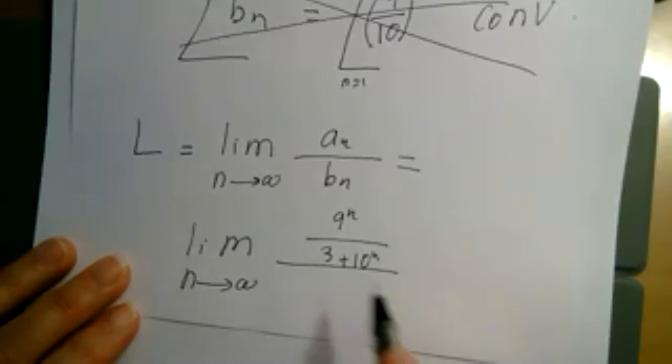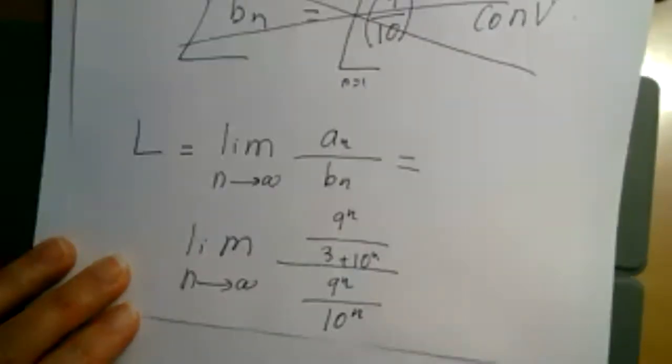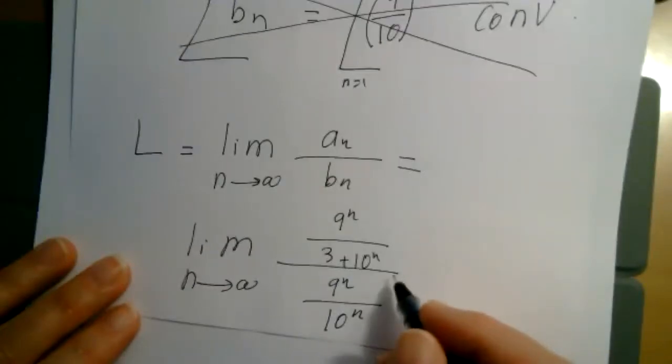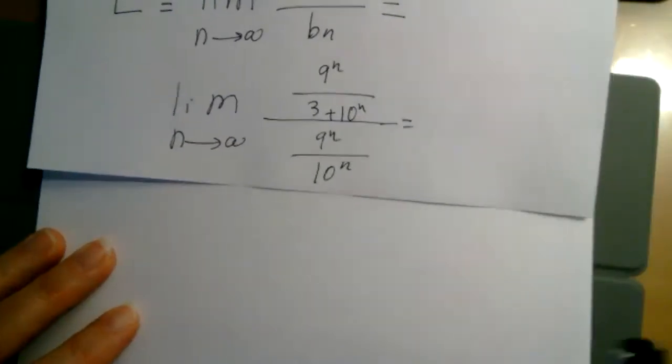What's my Bn? My Bn is 9^n over 10^n. I want to compute this limit and make sure that actually they are comparable.